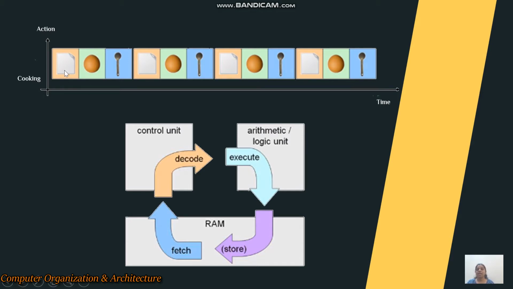Yes, so you are going to repeat the process again and again. You are fetching, decoding, executing, fetching, decoding and executing over a period of time in order to complete the process. Okay, this is how internally inside the computer each and every instruction is being executed using the fetch, decode and execute cycle.